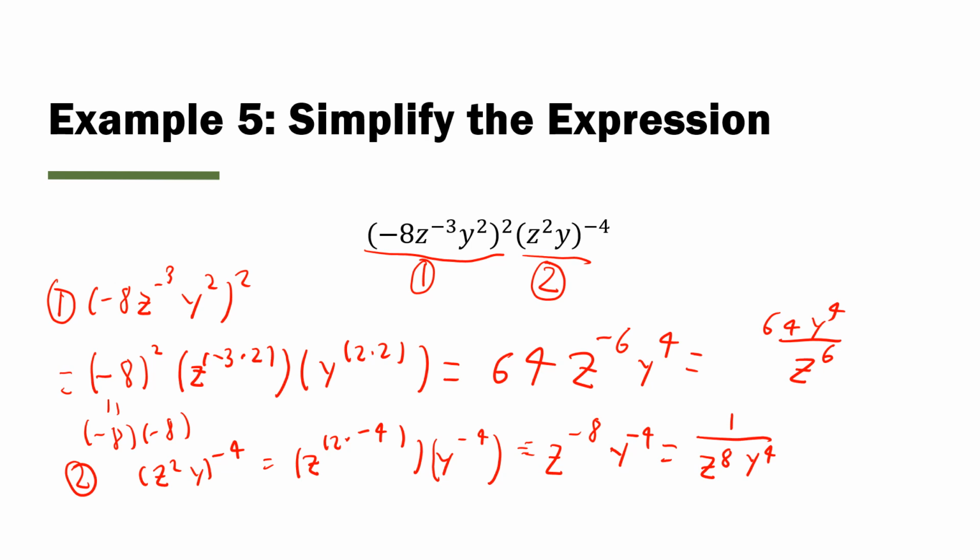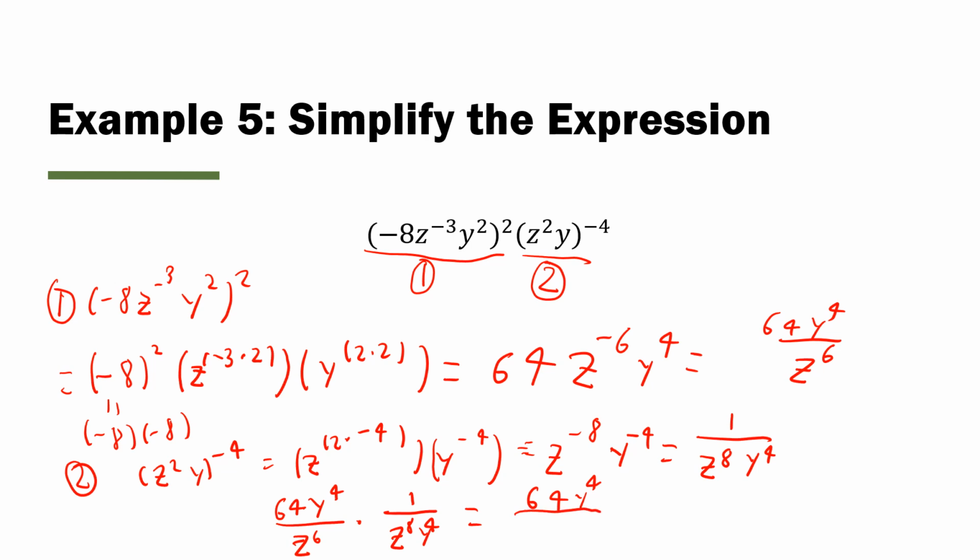Now I can multiply these two fractions with each other to get my final result. We have 64 times y to the power of 4 divided by z to the power of 6 multiplied by 1 divided by z to the power of 8 times y to the power of 4. So I have nothing to multiply in the numerator.